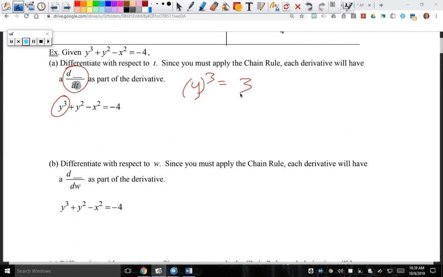It will be 3 of the stuff squared, but then we have to multiply by the derivative of the stuff, in respect to t. So the derivative of y in respect to t will be that. Chain rule is huge. You need to master chain rule to even have a shot at implicit, okay? So this will be 3y squared dy dt.